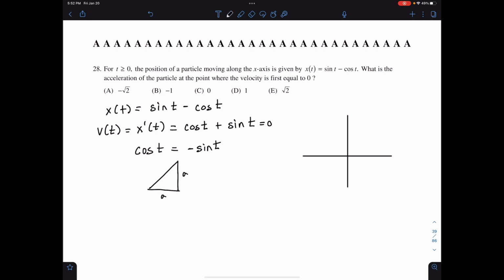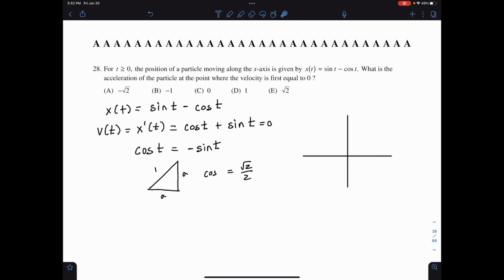Call it A. And the hypotenuse is 1. So this triangle has a special property where both the cosine and sine are equal to square root of 2 over 2. And I'll be making a video on the unit circle to help review this.